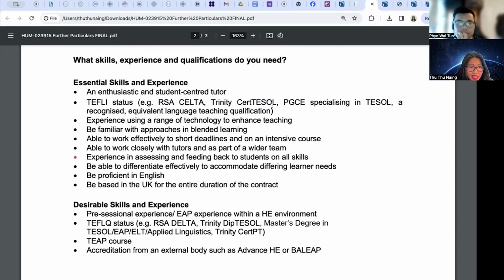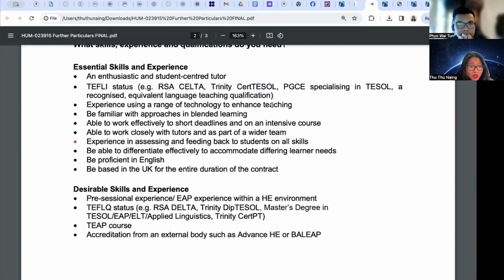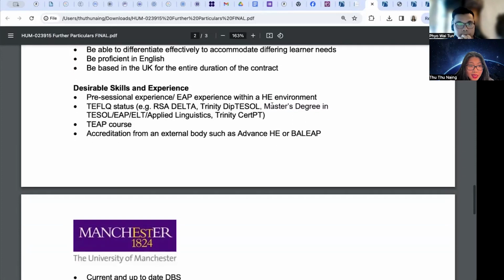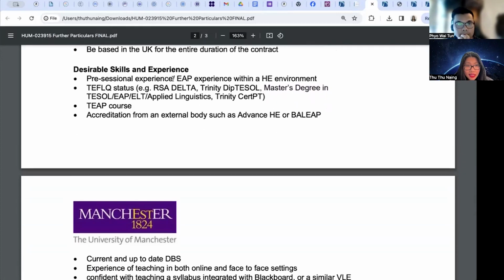Desirable here is EAP experience, Delta maybe, or a master's equivalent: a master's in TESOL, EAP, applied linguistics, or Trinity Cert PT, or a TEAP course. TEAP is the teaching English for academic purposes course.